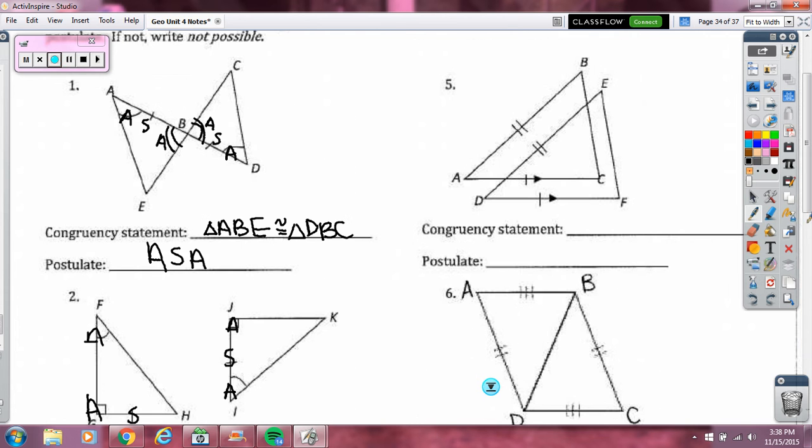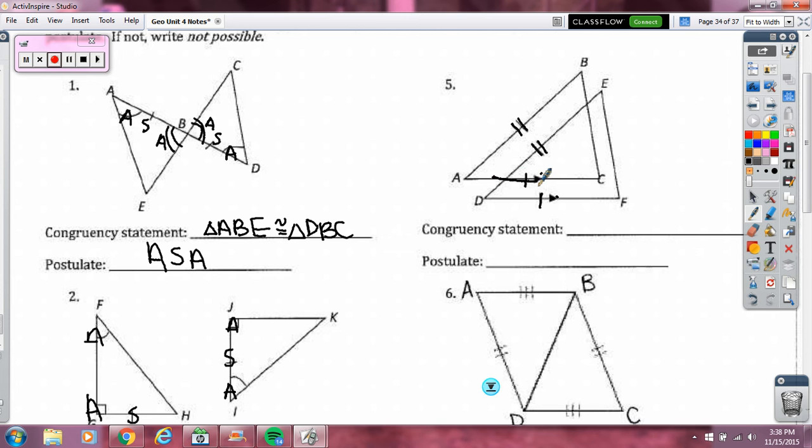Go back up to the top. When we look at number 5, I see they both have sides with these little 2 markings on there. They both have a side with one of the little 1 markings on there. So right at first it looks like maybe not enough information, but we have to also think about these little triangles, which mean we have parallel lines.